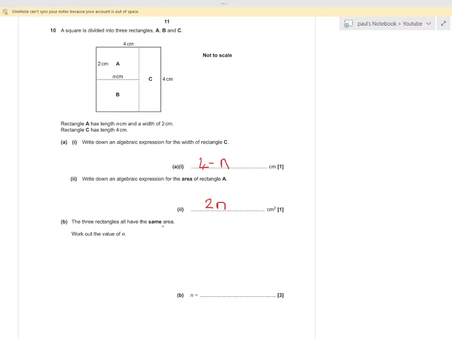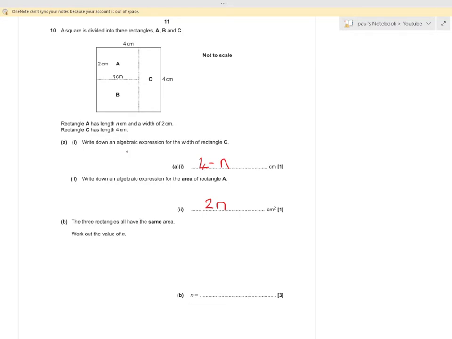The 3 rectangles all have the same area. Work out the value of n.